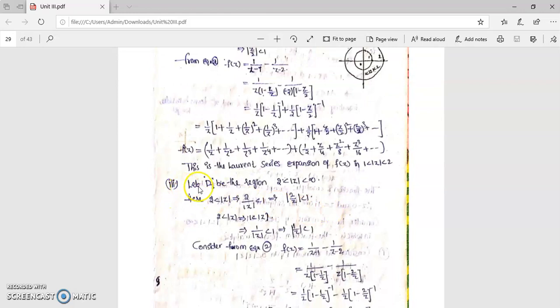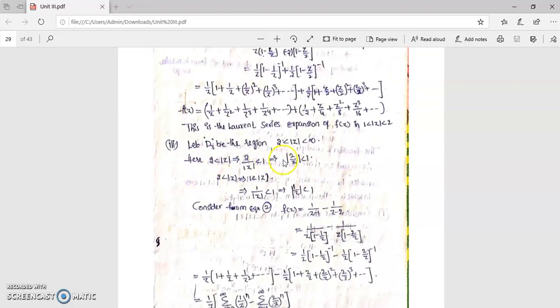For the third problem, the region is mod z lies between 2 and infinity. 2 less than mod z means we can write 2 by z less than 1, and 1 by z is also less than 1.